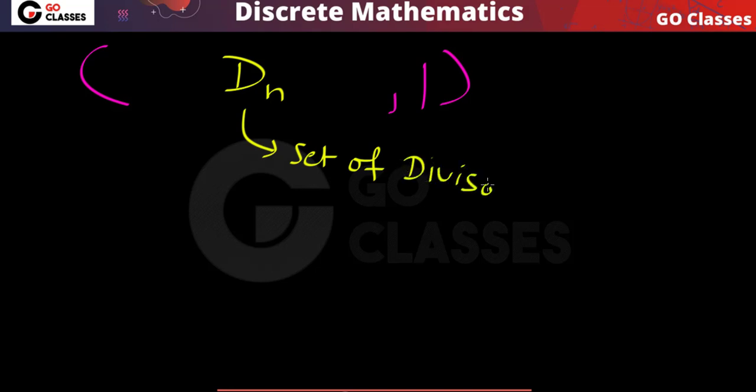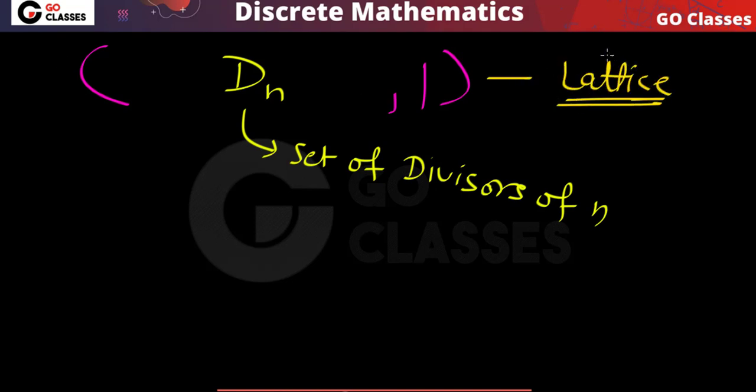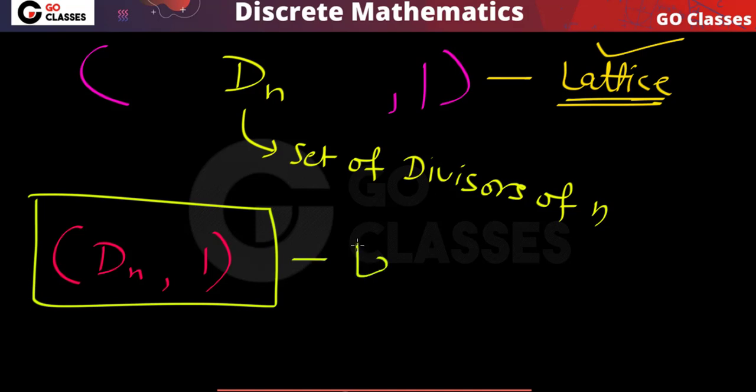This will create a lattice, and this is a very special type of lattice. So we need to do the complete analysis of this. In the next video we will do the complete analysis of this lattice. We will see why this is a lattice, but the complete analysis we will study in the next lecture.